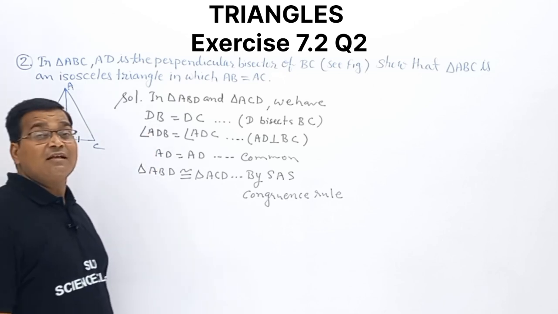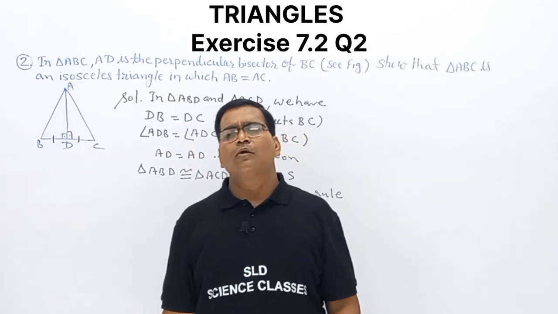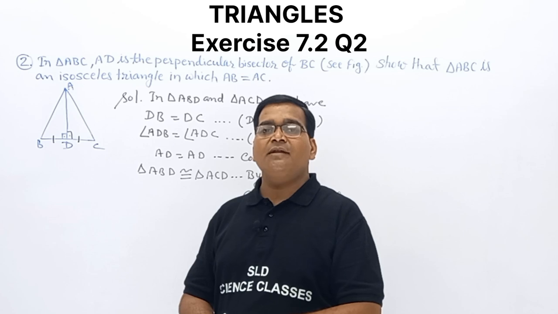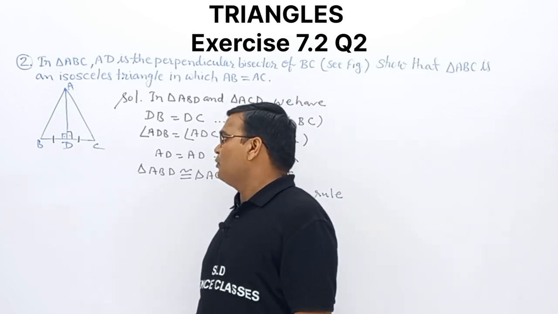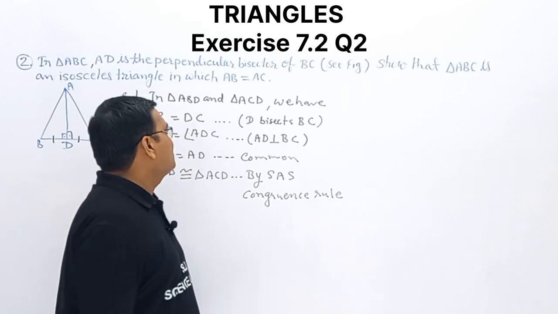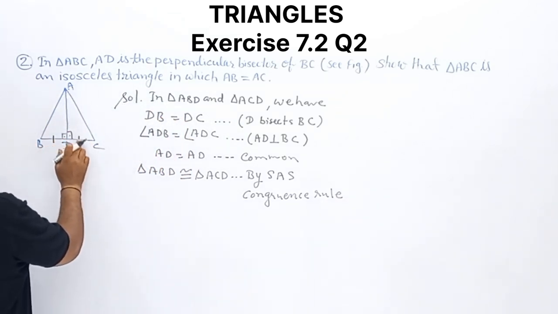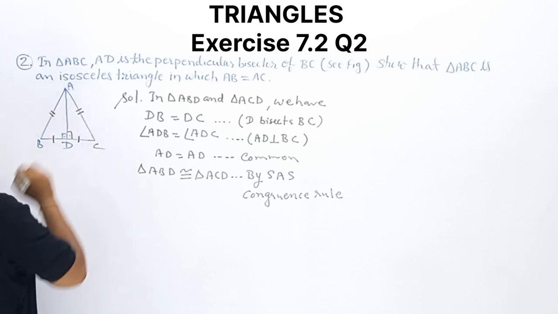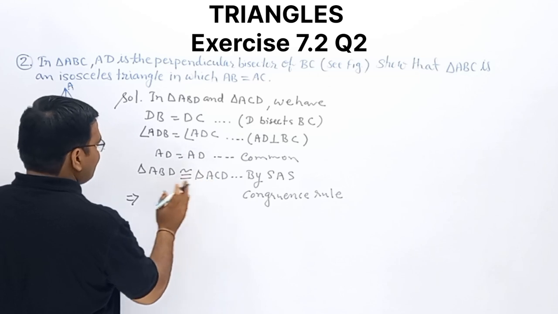Once two triangles are congruent, from the definition of congruence, corresponding parts of these two triangles will be equal. For these two triangles, this side equals this one, this is common, so automatically this side will be equal to this one.